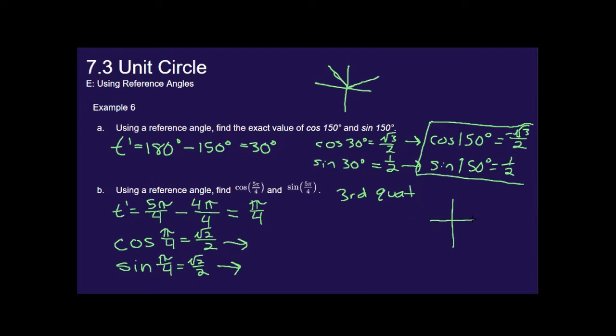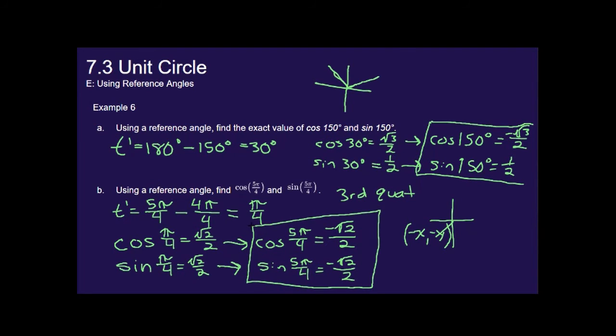So if we're working in the third quadrant, then that means we have a negative x and a negative y. So we need to change both of these into negatives. So the cosine of 5 pi over 4 is equal to negative square root of 2 over 2, and the sine of 5 pi over 4 is equal to negative square root of 2 over 2, and this is the answer they were looking for.